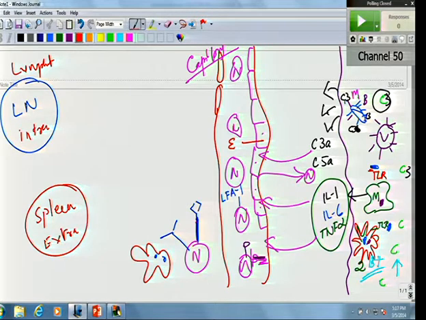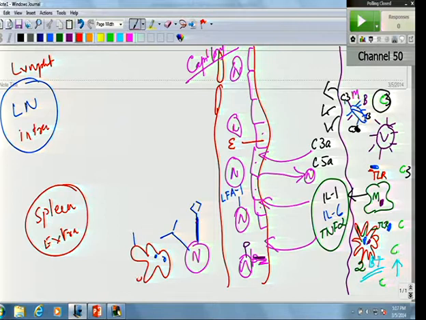Okay. So now, before that, let us just briefly look into the antigen presentation. Now this antigen presenting cell will have which molecules on its surface? MHC 1 and 2.